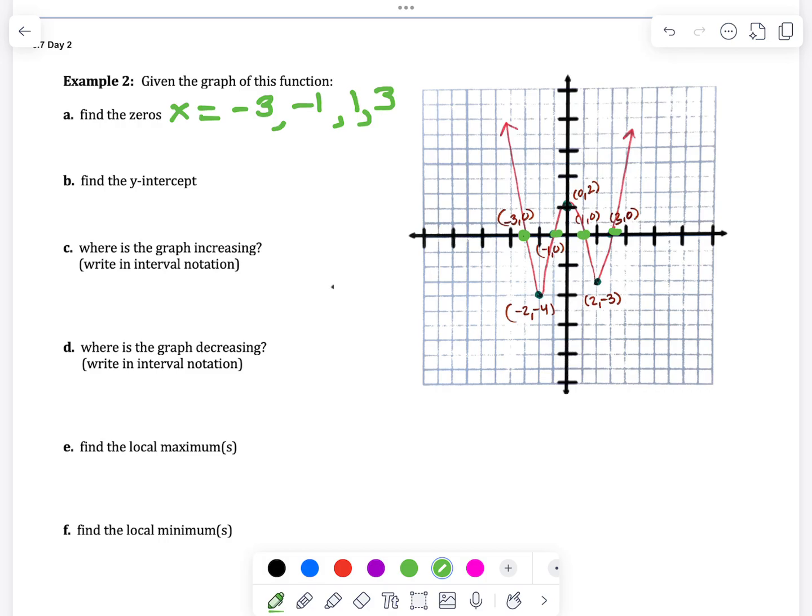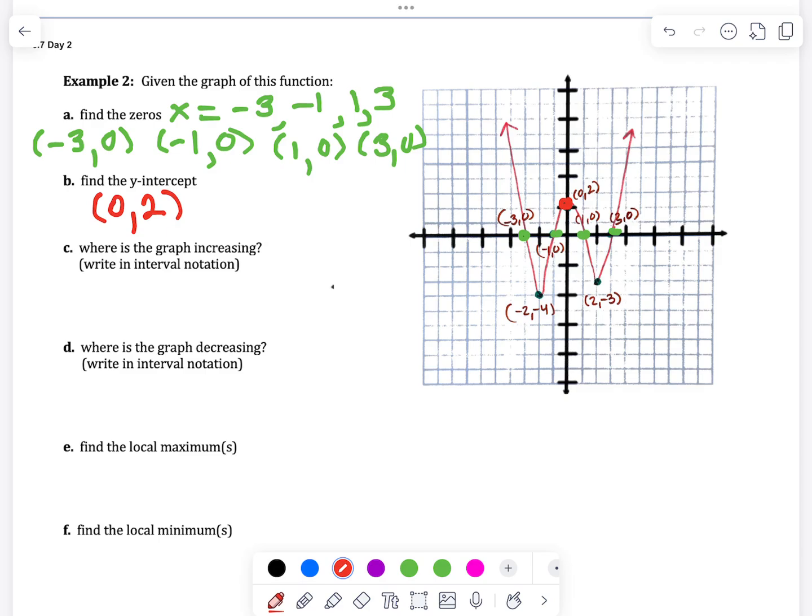As x-intercepts, they're written as -3, 0, -1, 0, 1, 0, and 3, 0. The y-intercept, where it crosses the y-axis, is right up here in the red, at the ordered pair 0, 2.